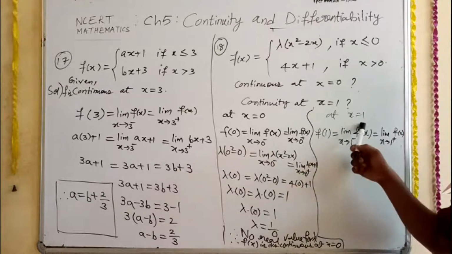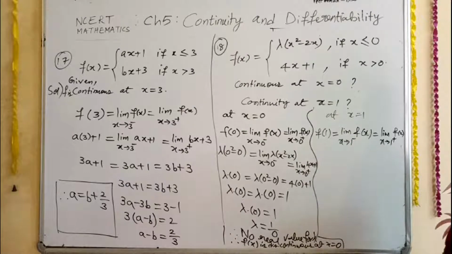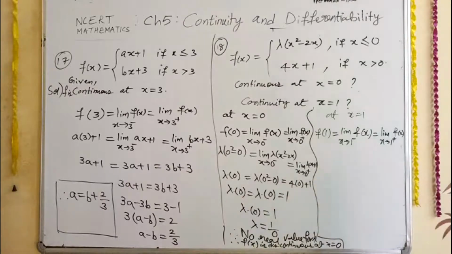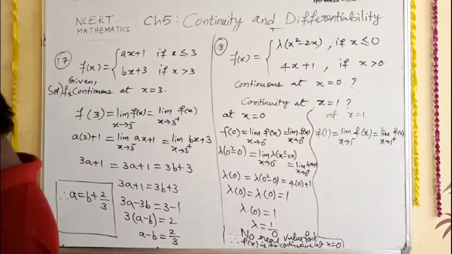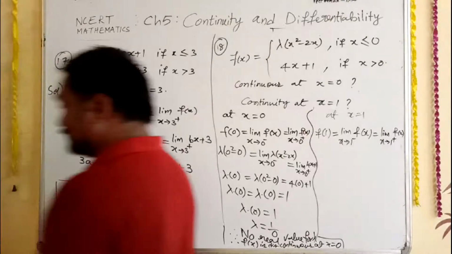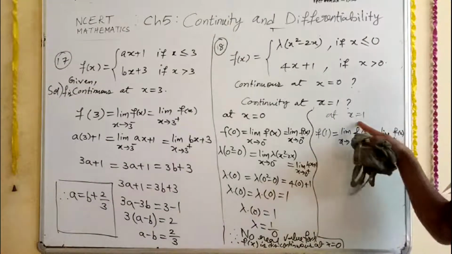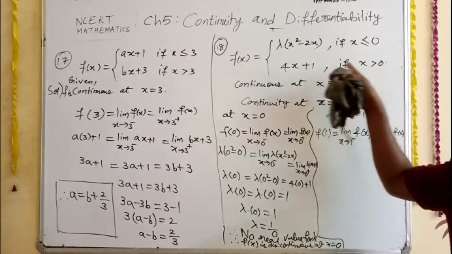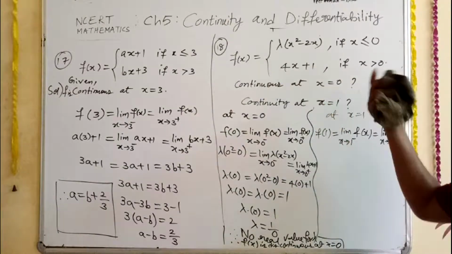So it is greater than 0. But only one function you are going to get, so there is no need to go for two conditions. Directly we can write this. So here only one condition will be, because x is equal to 1 is always greater than 0.